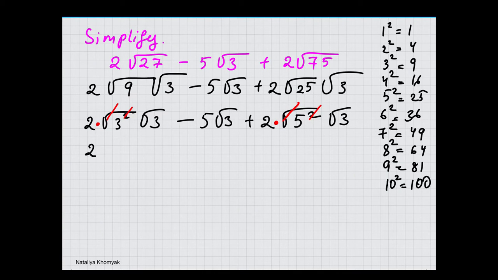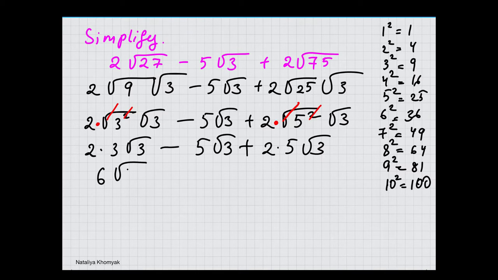So we have 2 times 3 radical 3 minus 5 radical 3 plus 2 times 5 radical 3. This will become 6 radical 3 minus 5 radical 3 plus 10 radical 3.